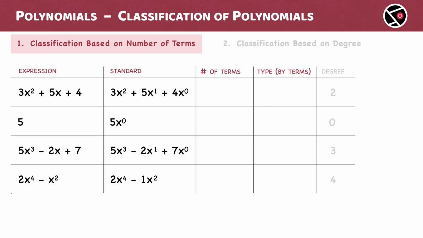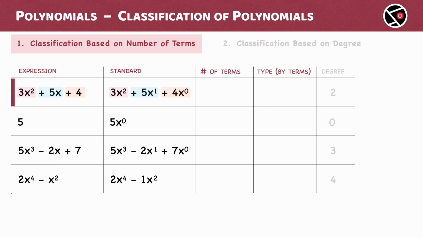Before we move further, we first need to understand what exactly is a term. A term is simply a part of the expression separated by a plus or a minus sign. Look at our first expression. Here we have 3 terms: 3x squared, plus 5x and plus 4.